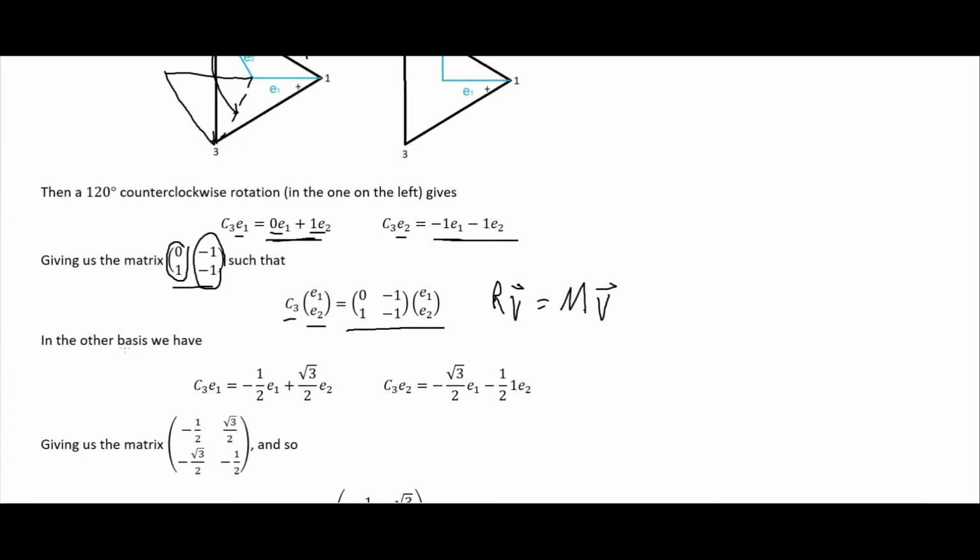And so if we do it in the other basis, the orthonormal basis, we have these right here as well. These are the new bases in terms of the old bases. And in fact, I should probably put a prime next to these to show that these are the new bases.